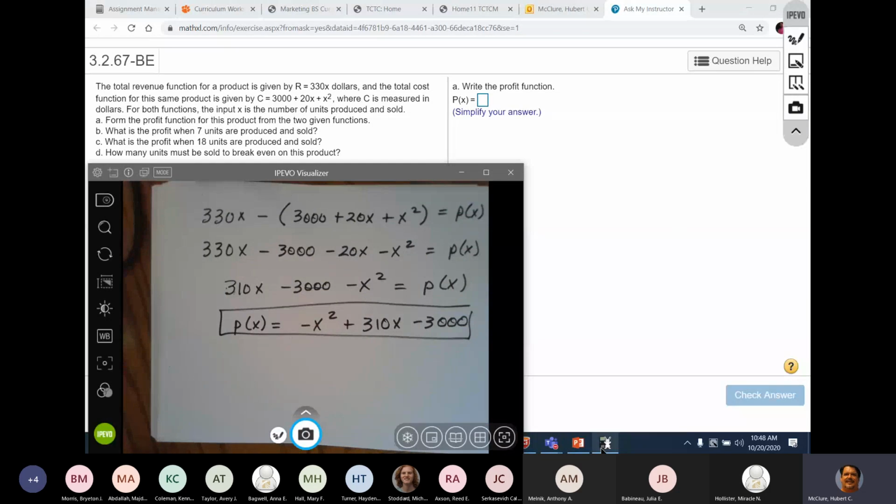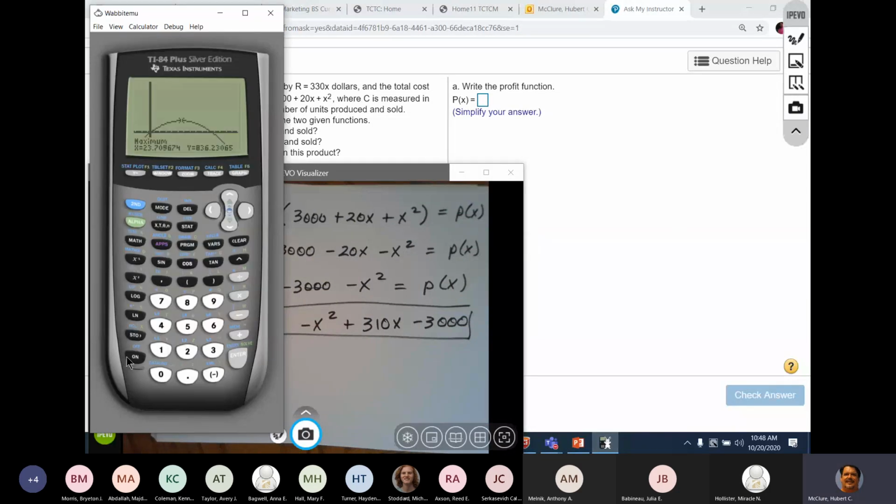So I'm going to graph it: y equals negative x squared plus 310x minus 3,000, and graph.